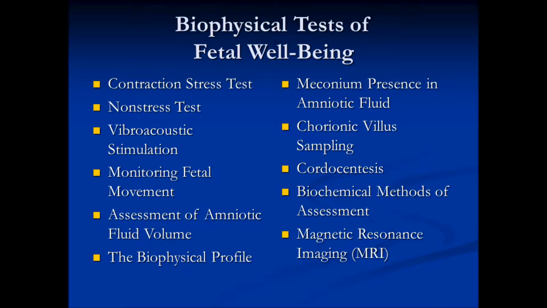Biochemical methods of assessment is next. Estriol is a metabolite of estrogen. It is secreted in high quantities by the placenta in the latter half of pregnancy. Adequate production of estriol depends on a properly functioning fetal liver and adrenal glands.